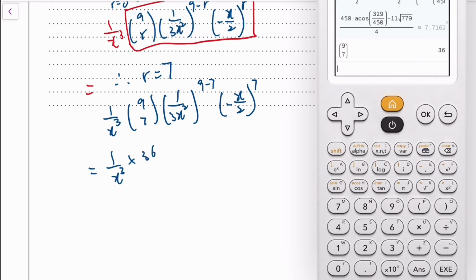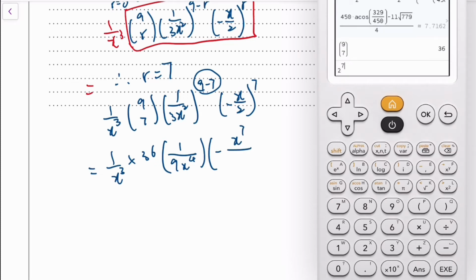It's 36 times 1 over, this is to the power of 2, so it's 9x to the power 4. Then negative x to the power of 7 over 2 to the power of 7.